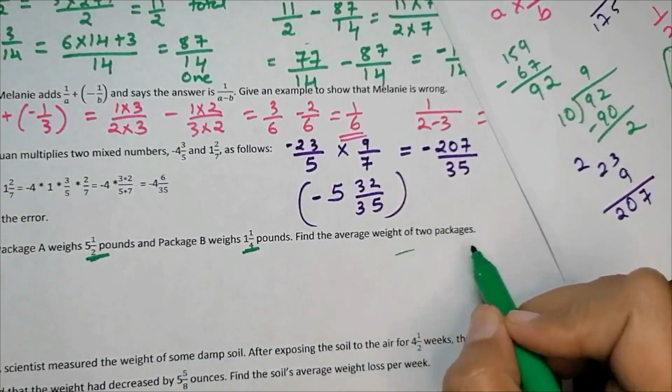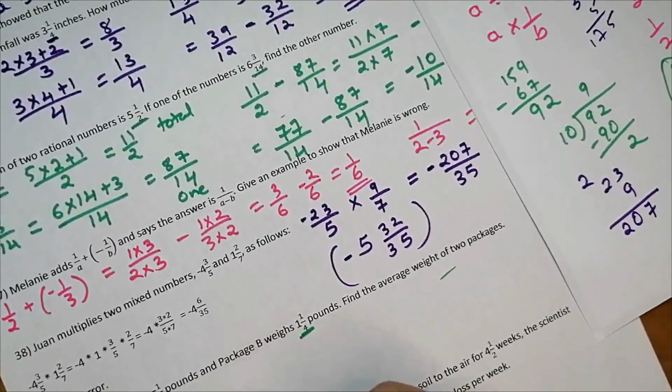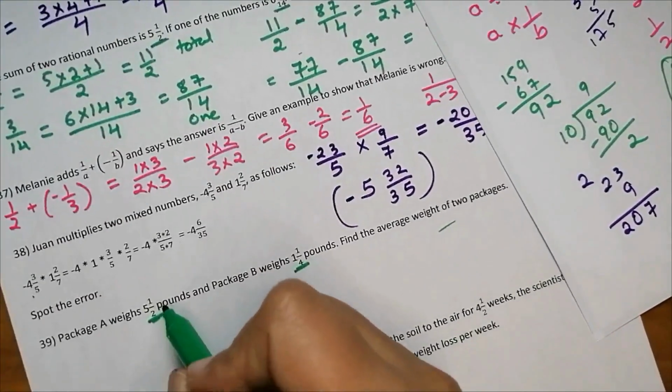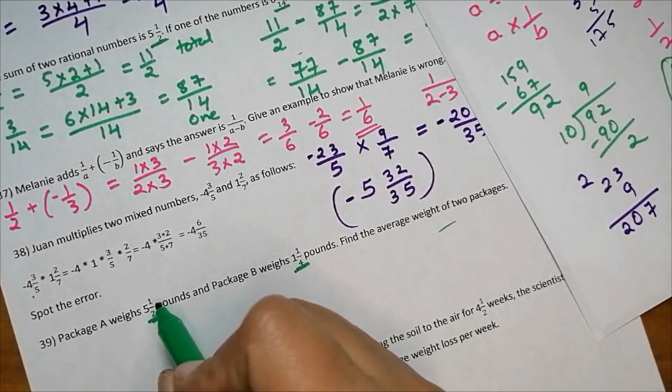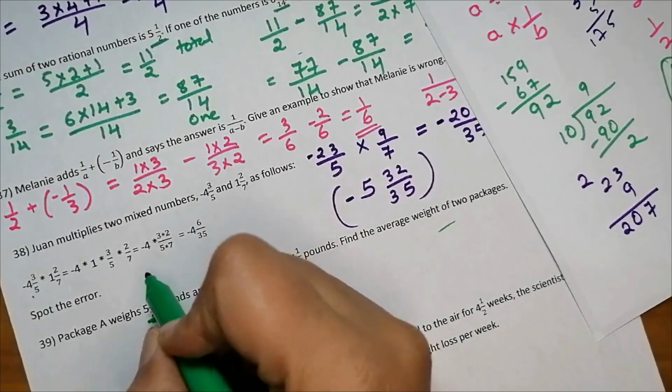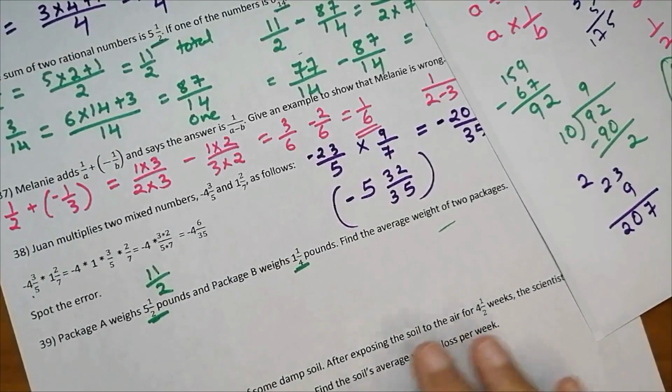Find the average weight of two packages. Okay, so let's first convert this into a fraction, right? So 5 times 2 is 10. 10 plus 1 is 11. 11 over 2, right? This will be 11 over 2. Okay, I'm just doing this for us to add and find the average.